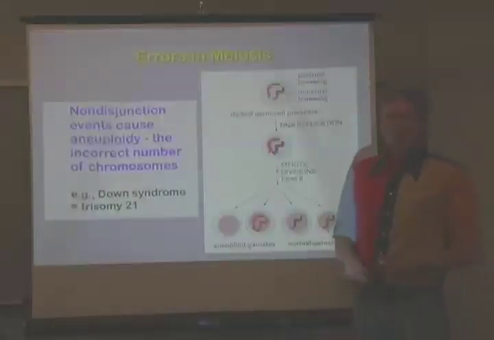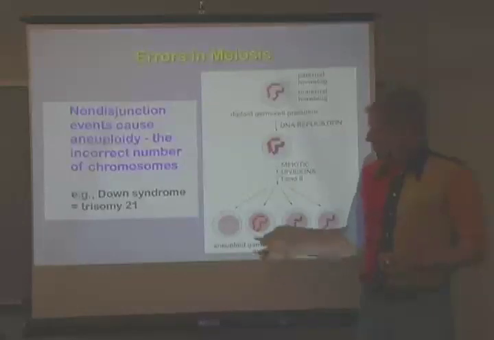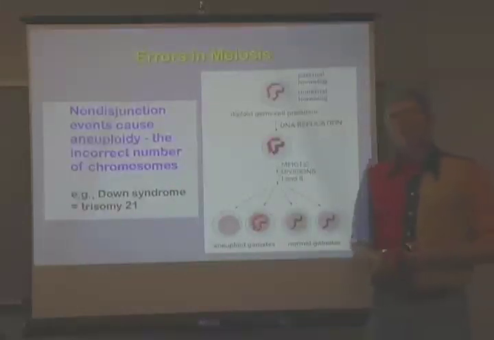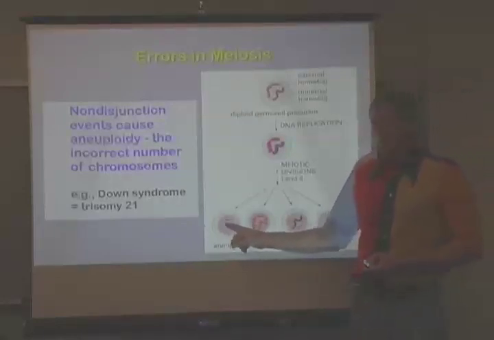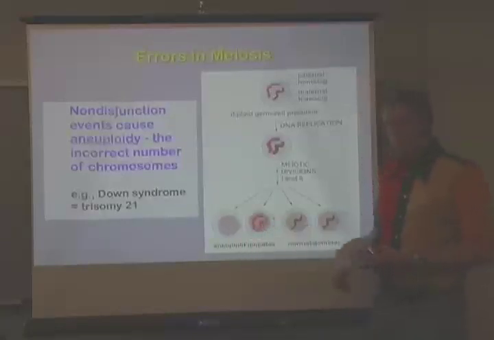Things can go wrong and cause cancer, cause Down syndrome. When chromosomes are not sorted properly, you can have the incorrect number of chromosomes. That happens when one cell doesn't get any of one particular chromosome and the other cell gets 2, in contrast to where you're supposed to get one of each.